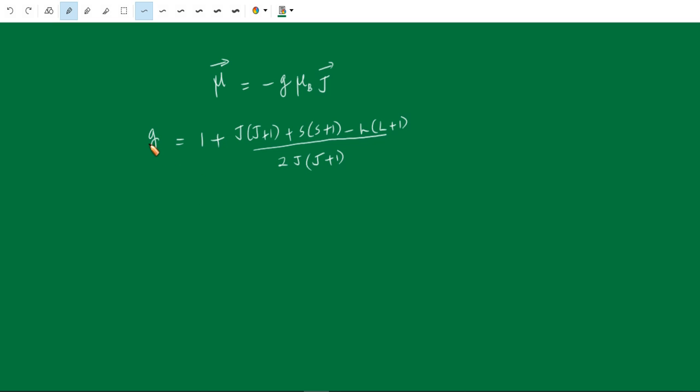Okay, so this is the Landé g-factor. Here j, s, l are the total angular momentum, spin and orbital quantum numbers.